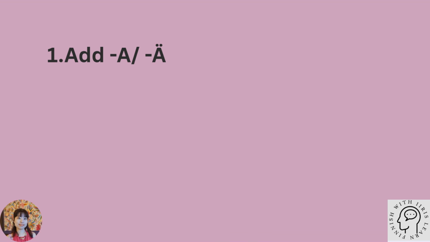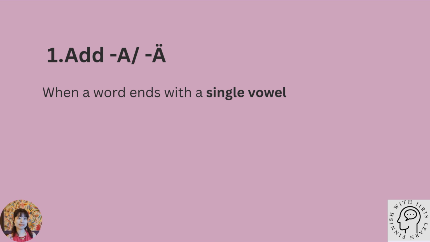As we just saw, omenaa is the partitive form of omena, so we simply add another A. We use this pattern when a word ends with a single vowel. For example, bussi, meaning bus, ends with a single vowel I. So the partitive form is bussia.